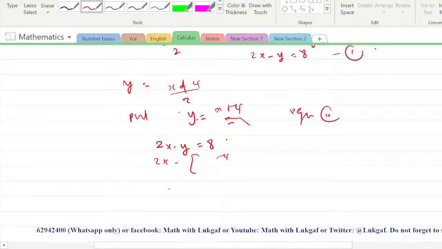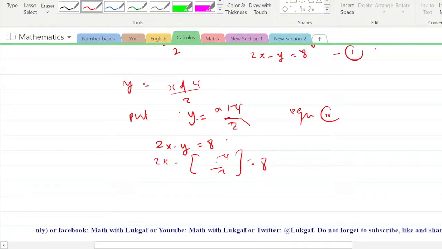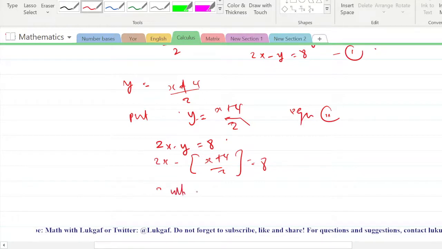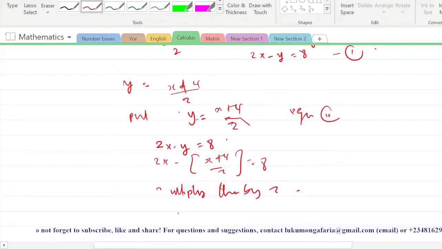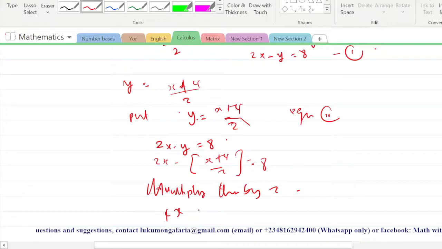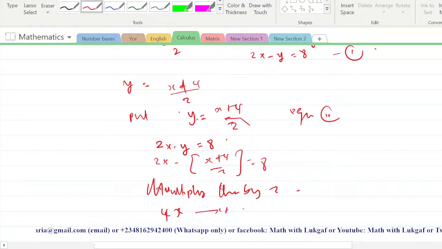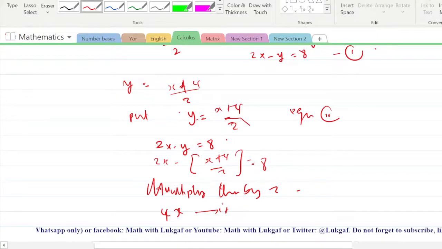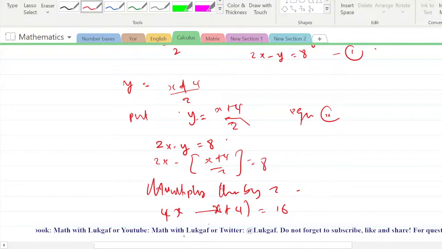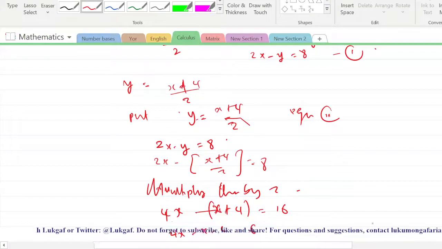Then, if you like, you can multiply through by 2. Then I'm going to have 4x, 2 will cancel 2 here, then minus into s plus 4 is equal to 16, and that will give you 4x minus 4 is equal to 16.